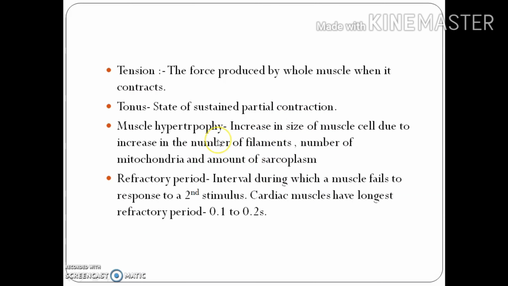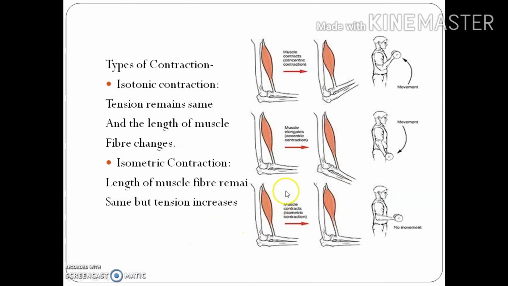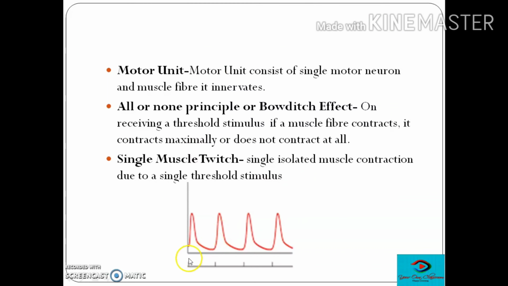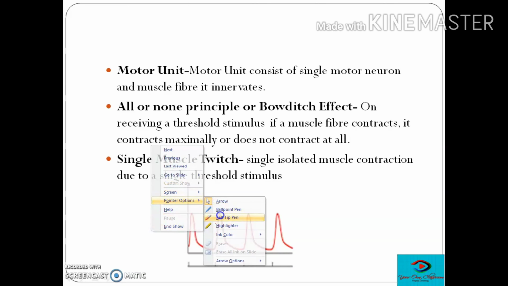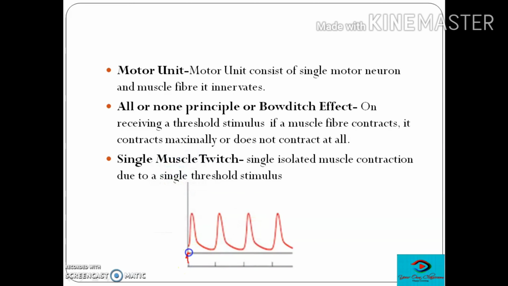Their muscles get hypertrophied. Then there is the concept of refractory period, the interval during which a muscle fails to respond to a second stimulus. Cardiac muscles have the longest refractory period. If we look at this diagram, we have given a stimulus here, and due to this stimulus a contraction occurs and gradually a relaxation occurs.